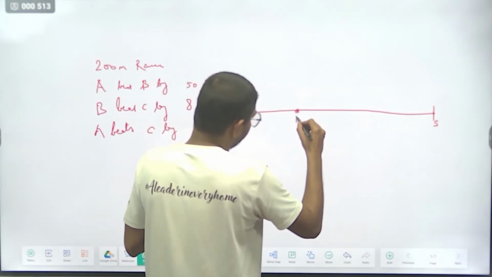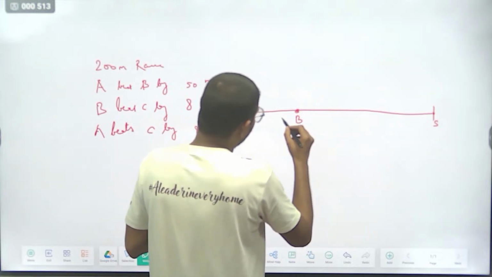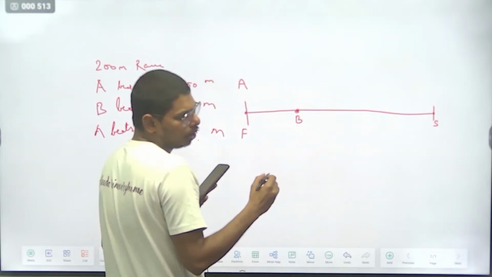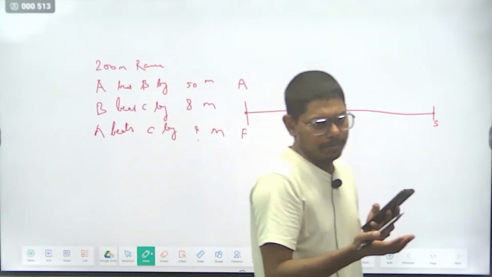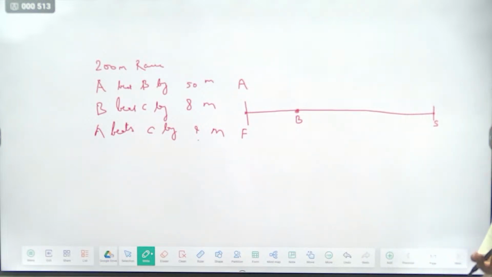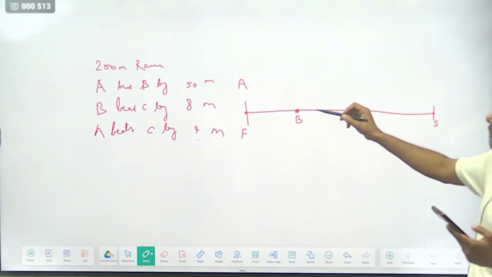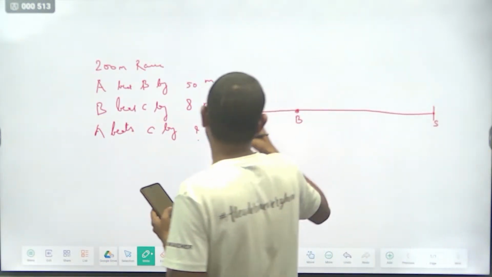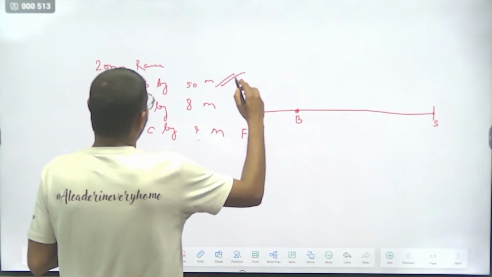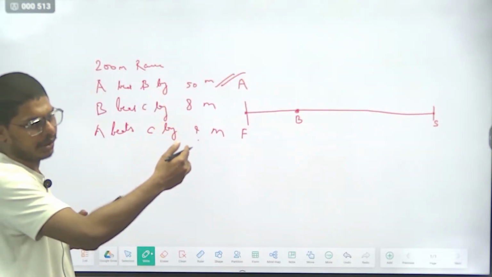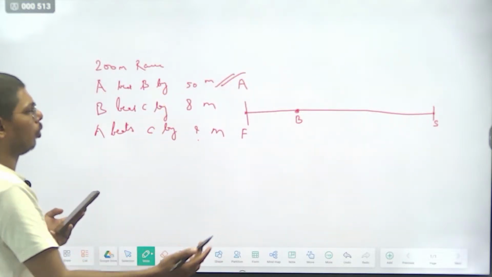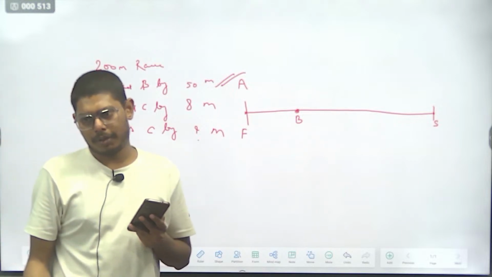When A has traveled 200 meters, B has traveled how many? 150. So if A has traveled 200 meters, B has traveled only 150 meters.